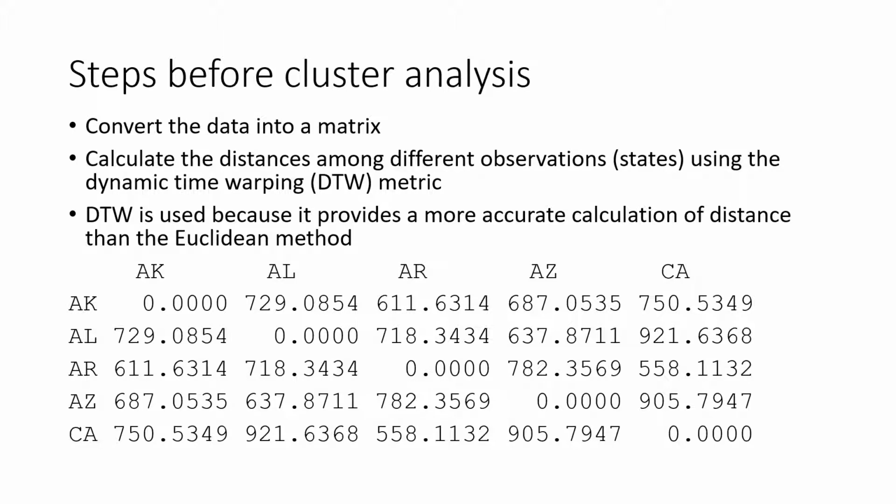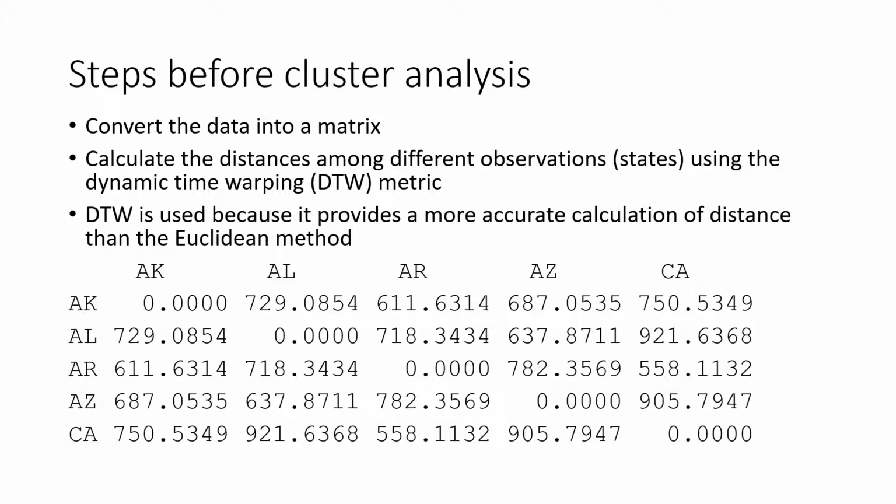So once again, before we can proceed to do spatial-temporal cluster analysis, we first have to convert our data into a matrix. And we calculate the distances among the different observations, which are states in this case, using the dynamic time warping metric.